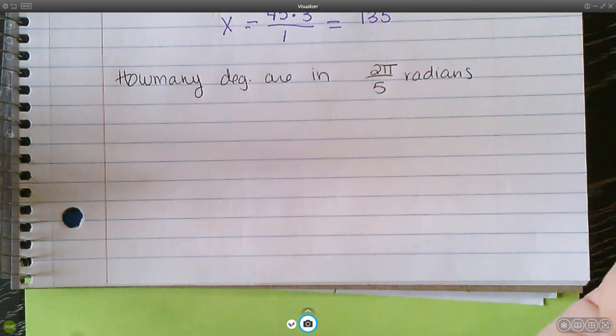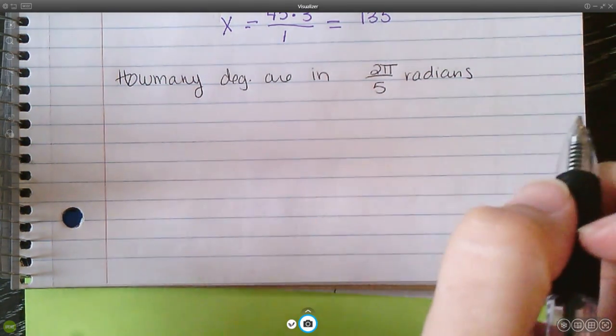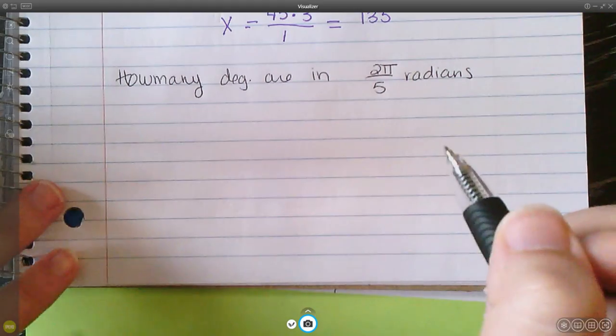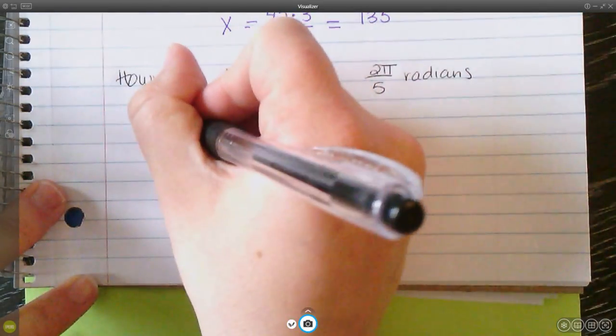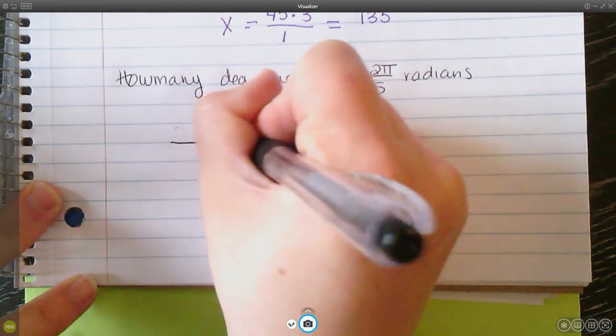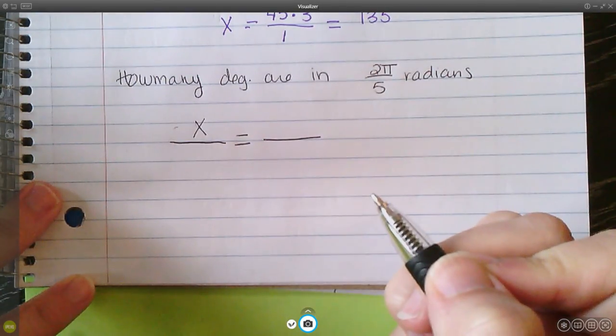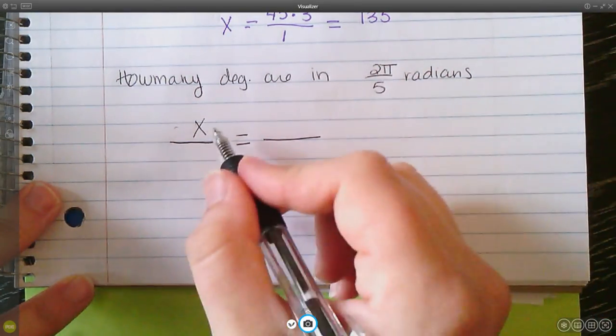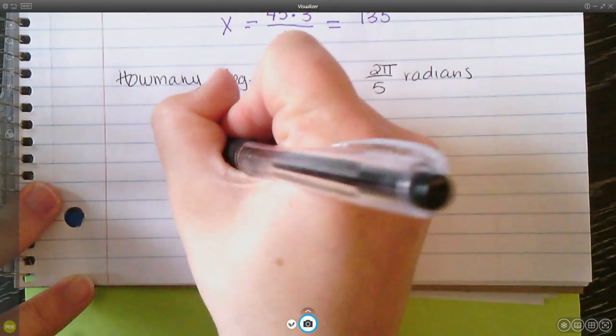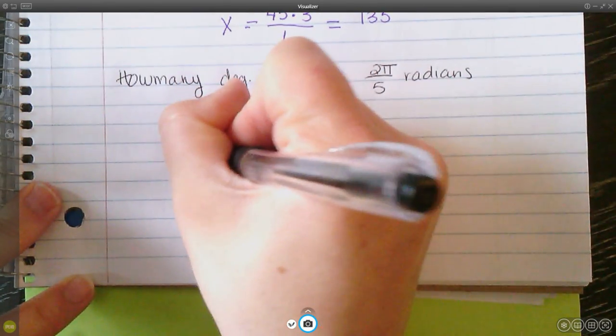This time I'm going to try to separate my work a little more and not cross everything out like a crazy woman. So you set up your ratio, fraction bar, equal sign, fraction bar. What you want to find goes in the top left. What you know goes in the bottom left. So 2 pi over 5 radians.